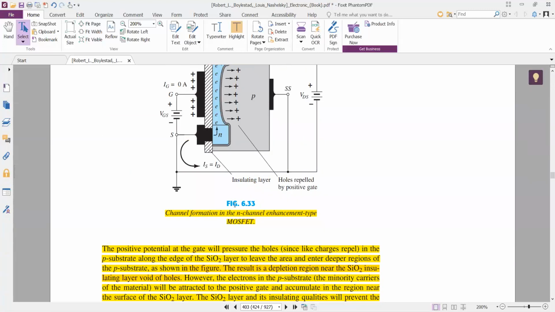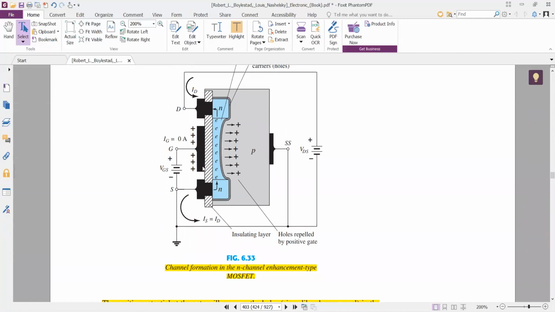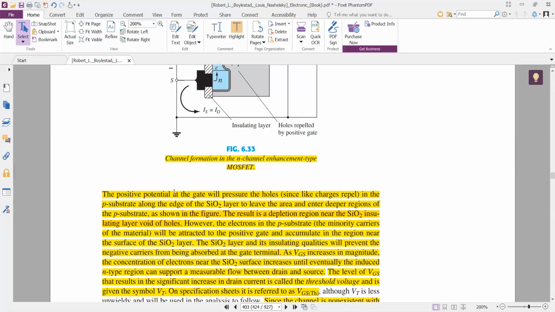So we must know the minimum value at which this channel is induced, which can support the path for the current to flow from drain to source. We must know this minimum value of gate to source voltage.